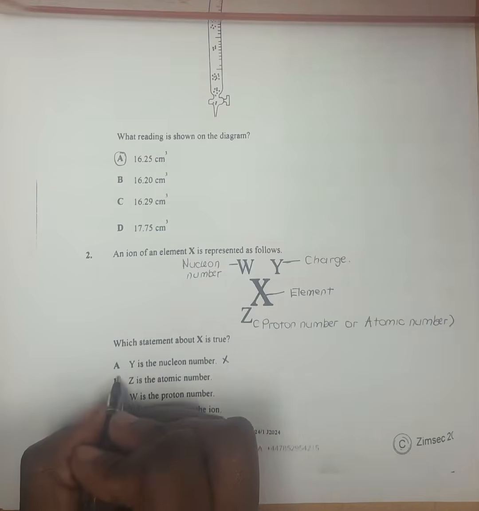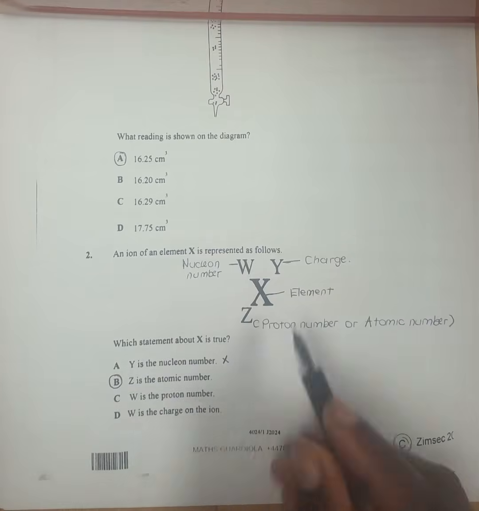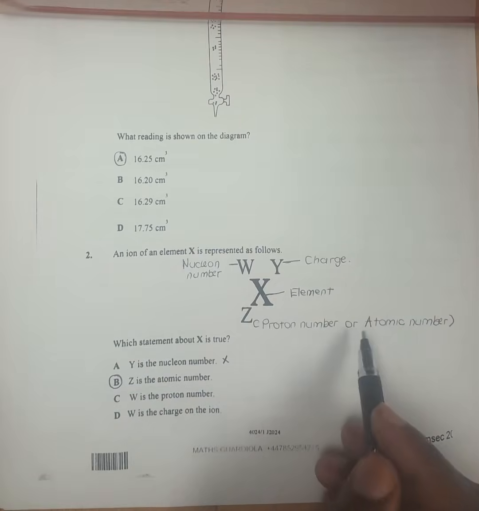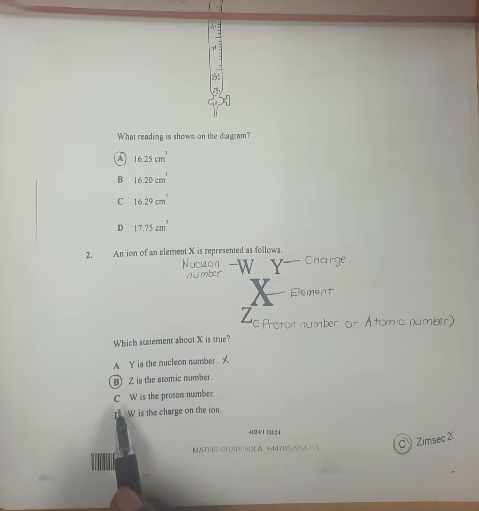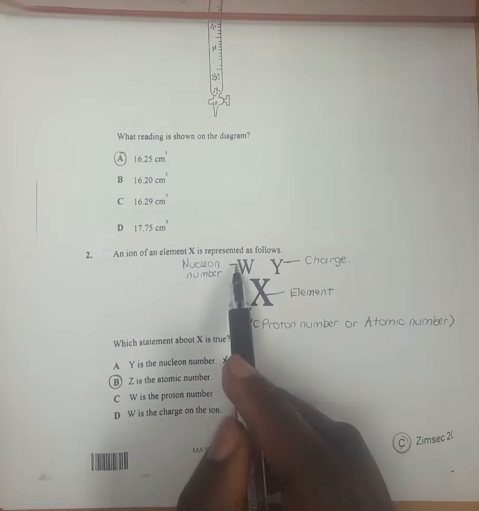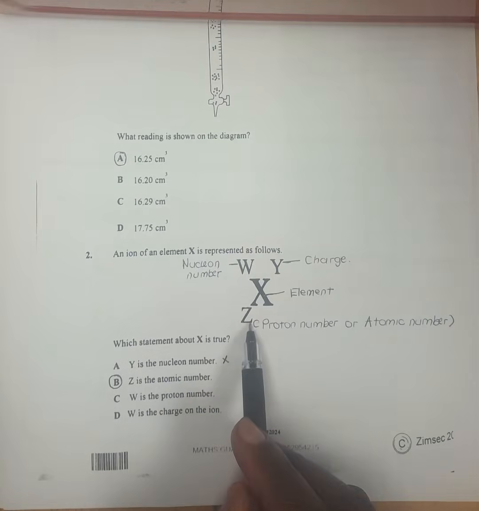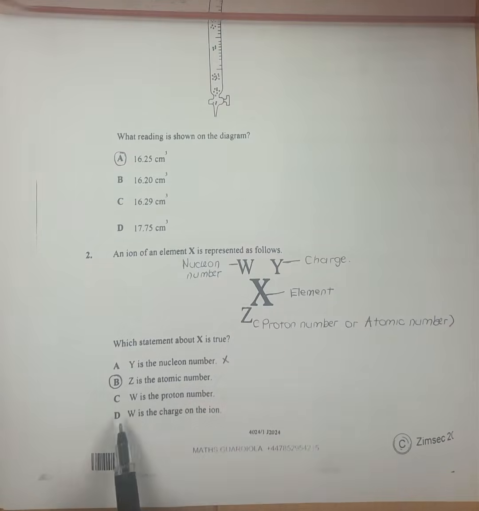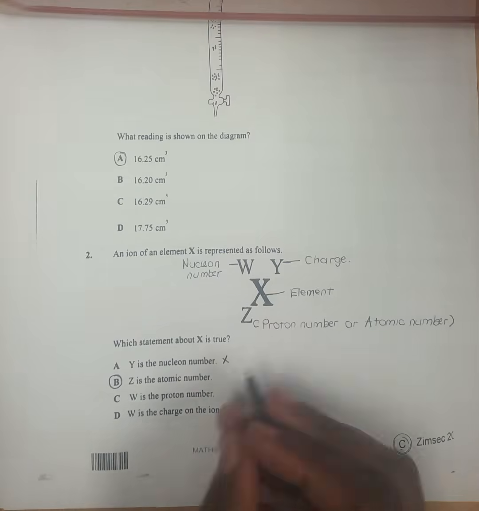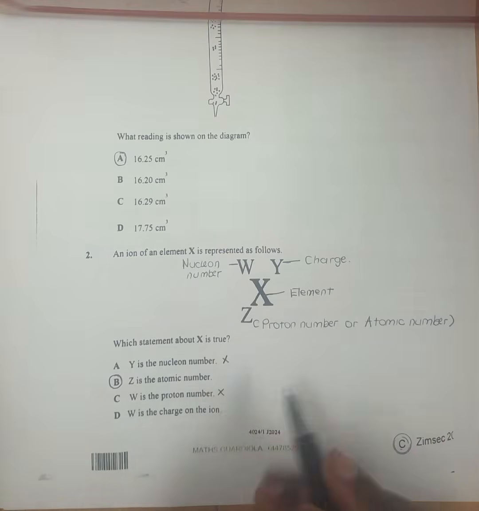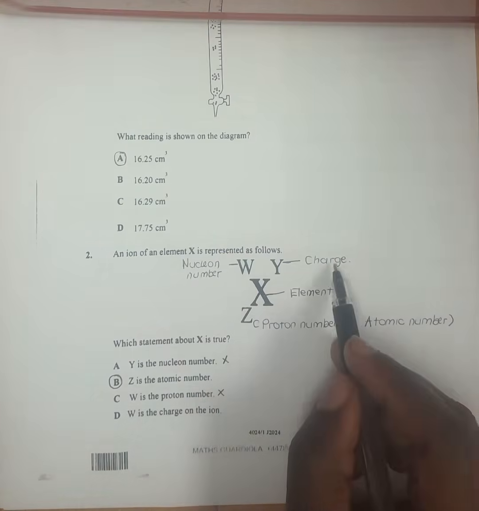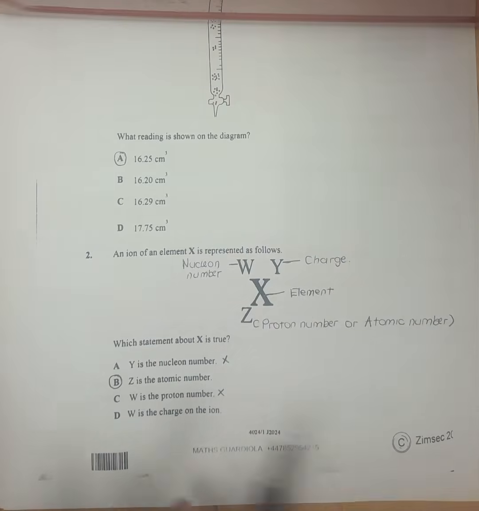This one is going to be the correct answer. Z is the proton number or atomic number. And then C is saying W is the proton number. W is nucleon number, and this one is the proton number. And then D is saying W is the charge on the ion. This is the charge Y. So the correct answer on number 2 is going to be B.